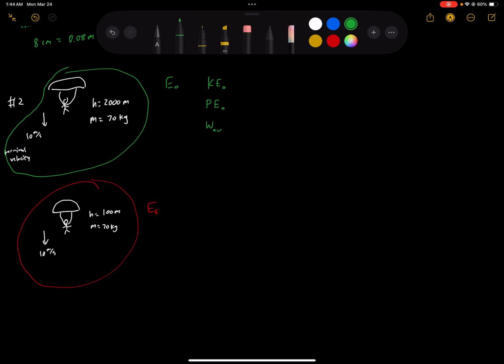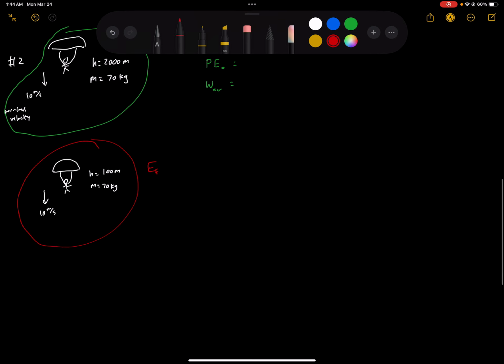What does that equal? We have to calculate that. And then for the final energy, we know that it's going to be just kinetic and potential.